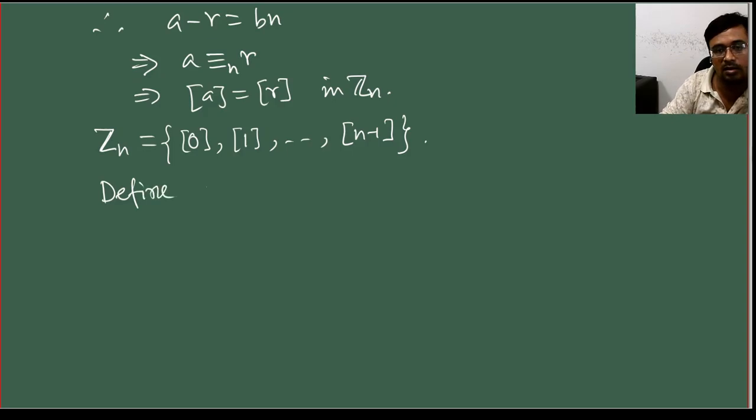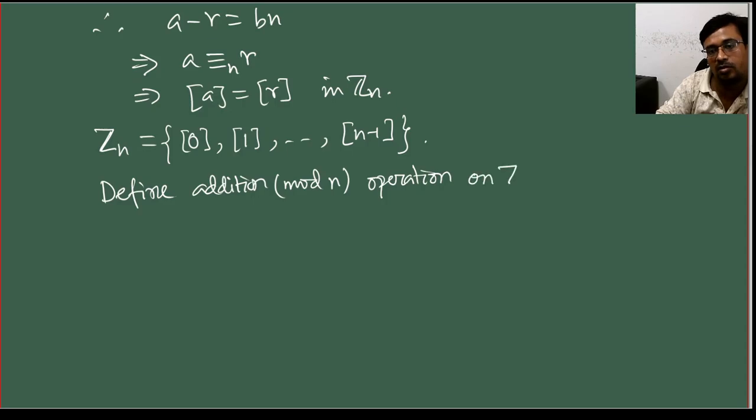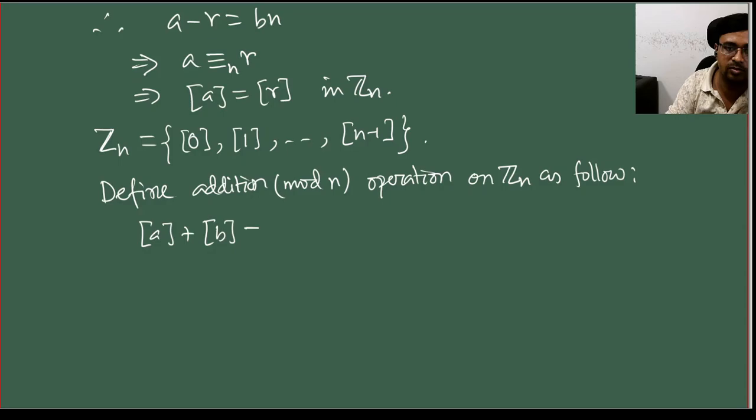Define addition modulo n operation on Zn as follows. You set the class of a plus class of b, define it to be class of a plus b, for all class of a, class of b in Zn.